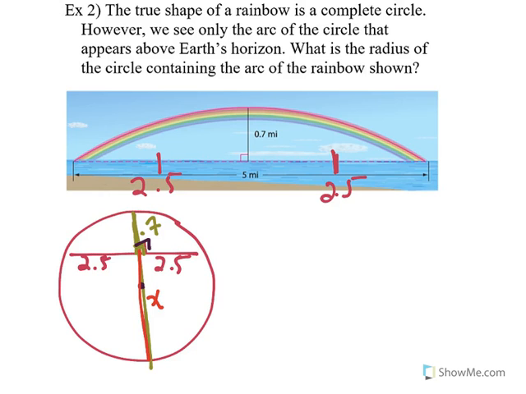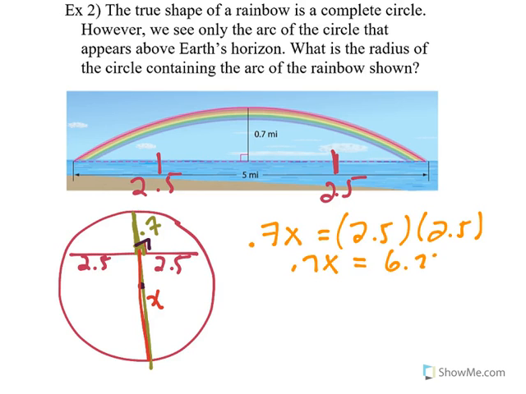So that's what we're going to do. 0.7 times X is equal to 2.5 times 2.5. We'll get 0.7X is equal to 6.25. X is equal to 8.93.